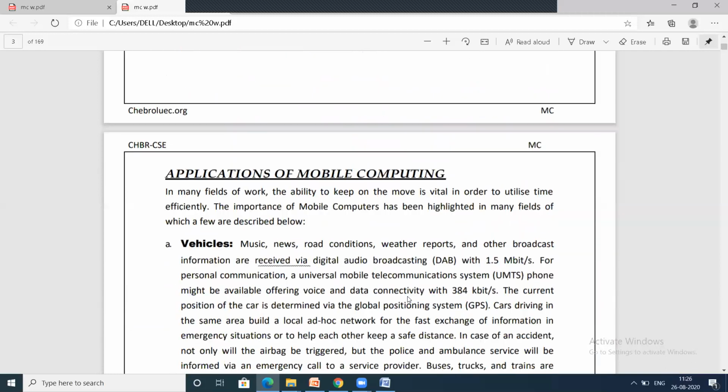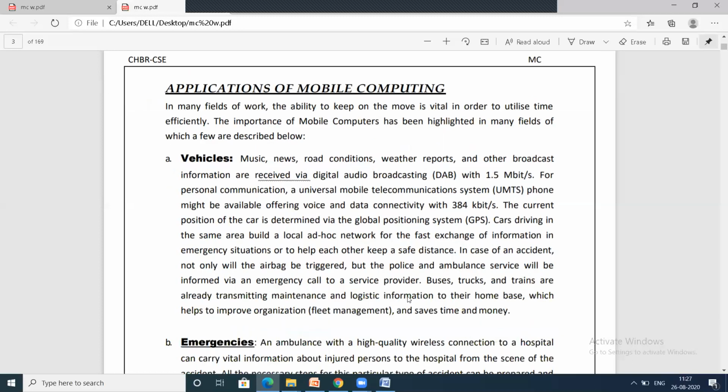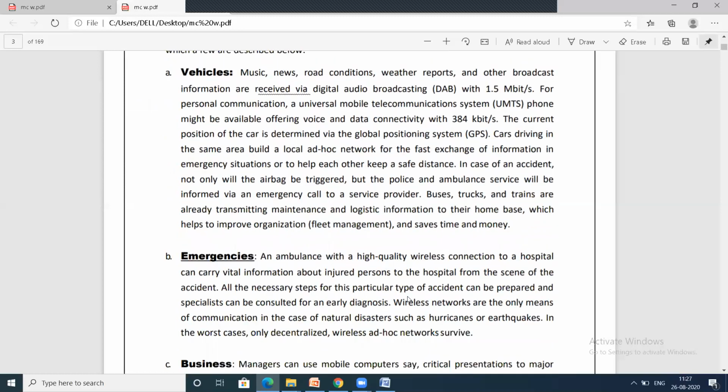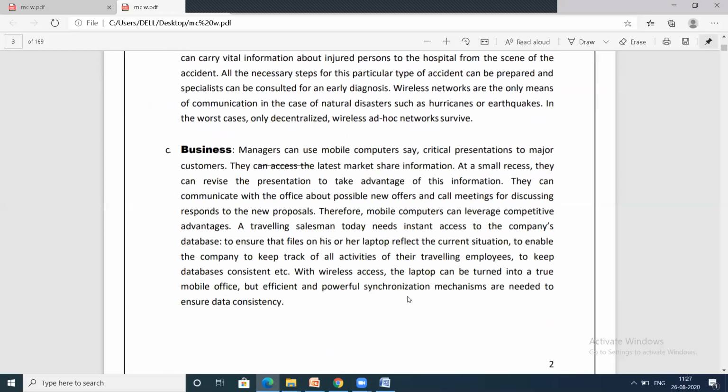Okay. Moving to the next topic discussed in the first unit, that is applications of mobile computing. In the applications of mobile computing, we discussed vehicle applications. It will be used in vehicles, and in emergency situations. It is used in business applications, for example to give important presentations. I told you the traveling salesman needs to know the status of the business.